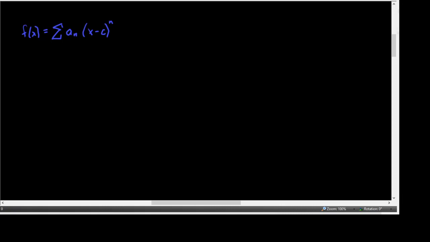And the center of the series here would be c. So the coefficient a sub n will be the nth derivative of f evaluated at c divided by n factorial. That should look very familiar to you. It's the same coefficient we saw earlier.